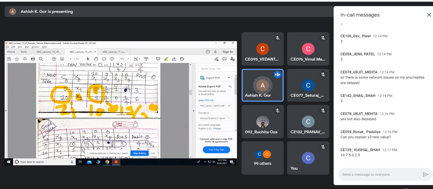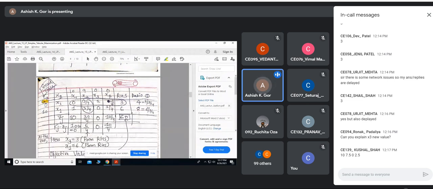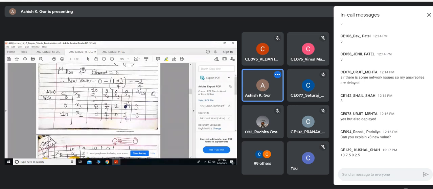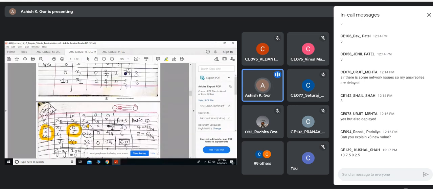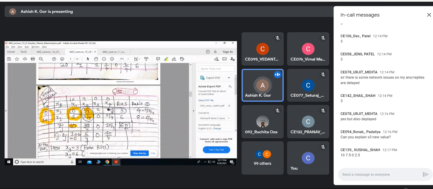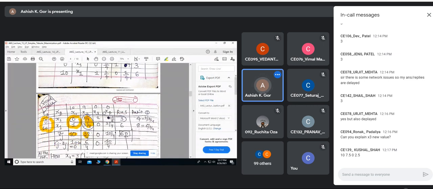What we are doing is just a dot product of this 0, 10 with this 0, 1. I get 10. 0, 10 with this 3 by 4, 3 by 4, which I get 30 by 4, which is 15 by 2.